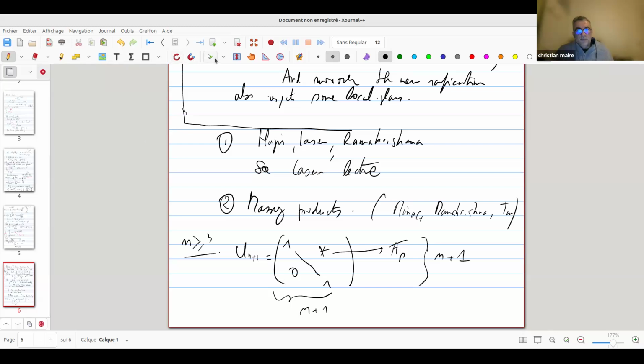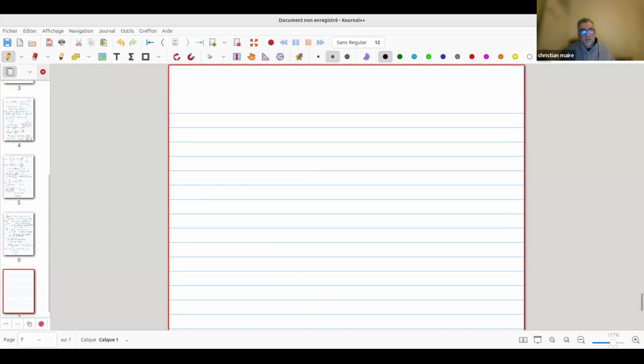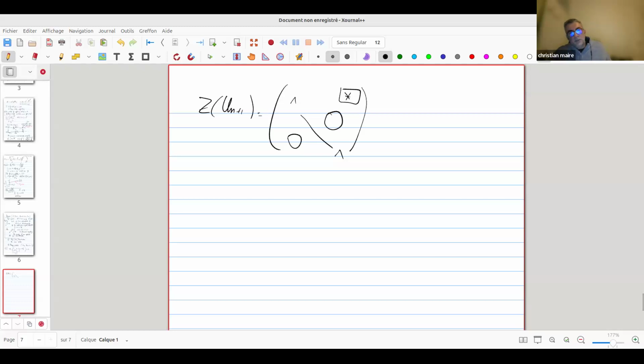It's not difficult to see that the center of this group is exactly the matrices with 1 on the diagonal, 0 elsewhere, with just a non-zero element, which is the last one.